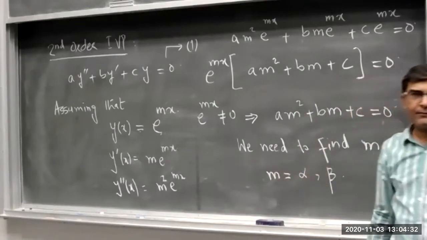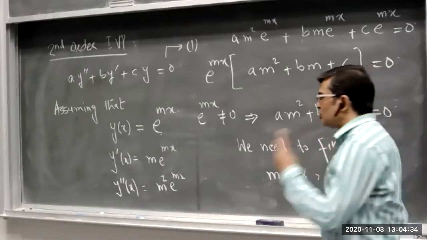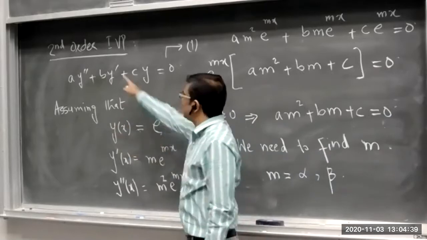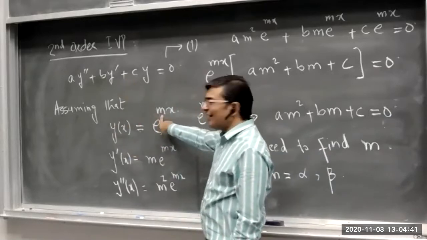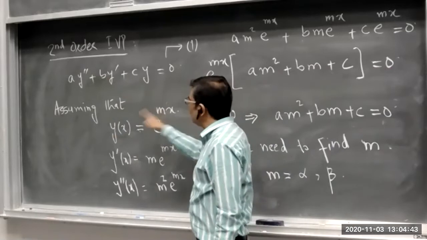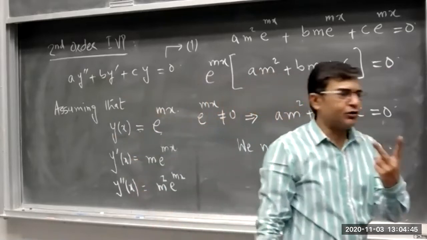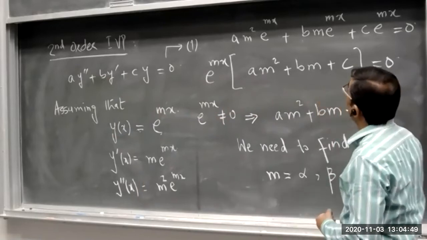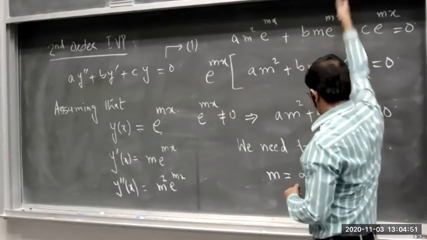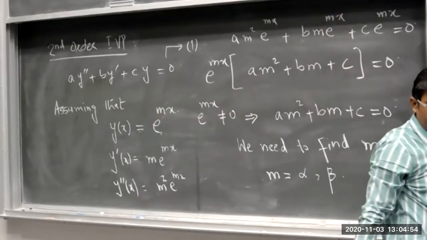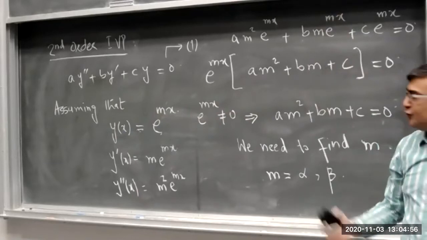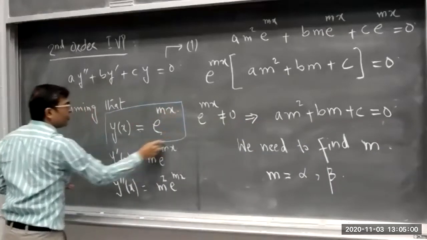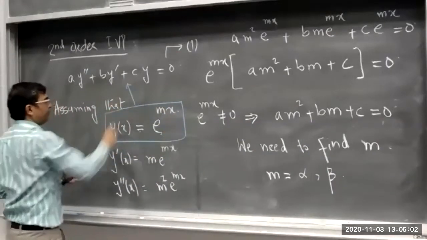We are assuming that this polynomial equation of degree 2 has 2 roots, and those 2 roots are alpha, beta. If we have 2 roots, and we are assuming that this is the solution of this differential equation, we have 2 values of m, then how many solutions do we have here? We have 2 solutions. I hope you agree with me, because we are assuming here that this is the solution of this differential equation.